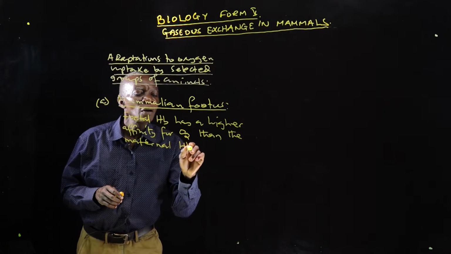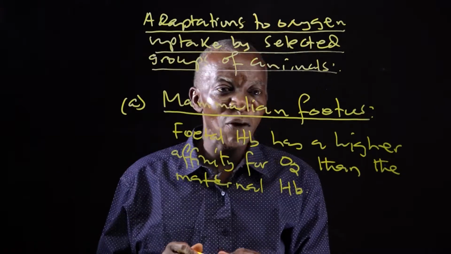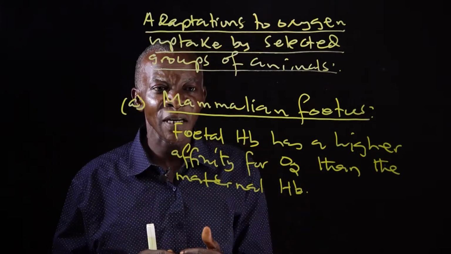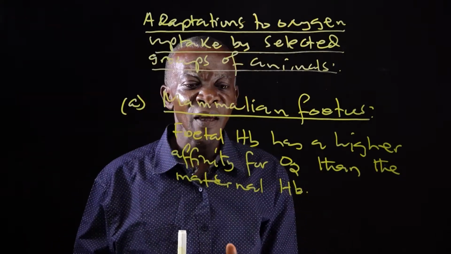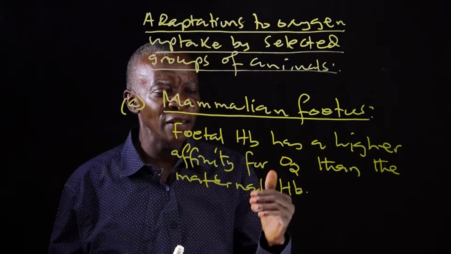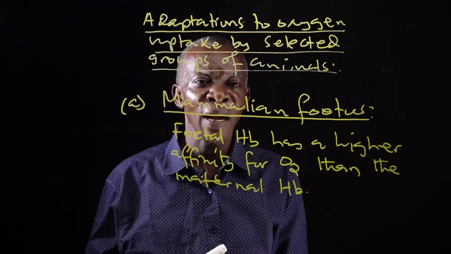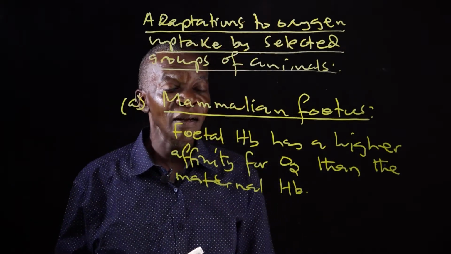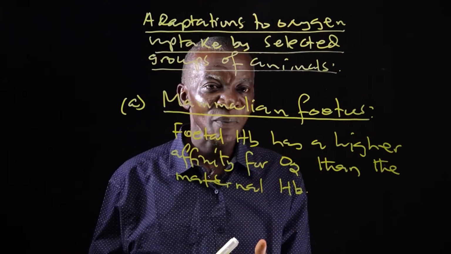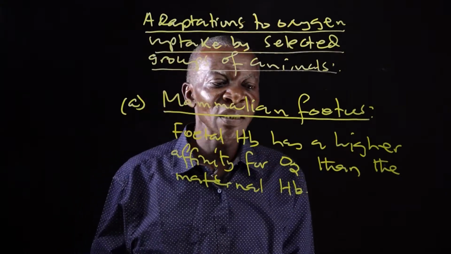maternal hemoglobin, meaning that hemoglobin of the fetus has the ability to pick up oxygen, to load oxygen, even if its tension is lower than the affinity of the maternal blood. And that's why this fetus can take oxygen from its mother, and not the mother pick oxygen from its fetus.